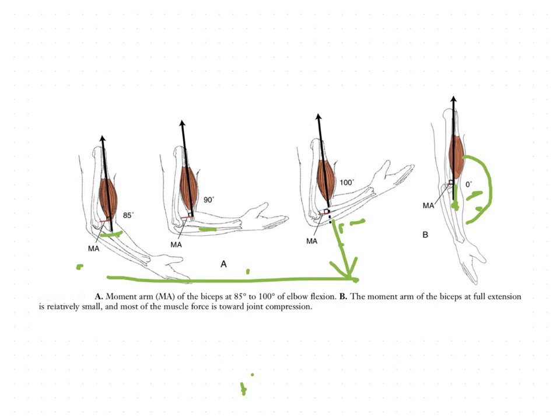So the biceps has both actions, that is supination as well as flexion at the elbow joint, especially that supination action is mainly at 90 degrees or the 85 to 100 degrees range of flexion.